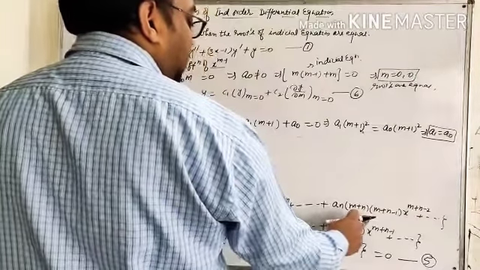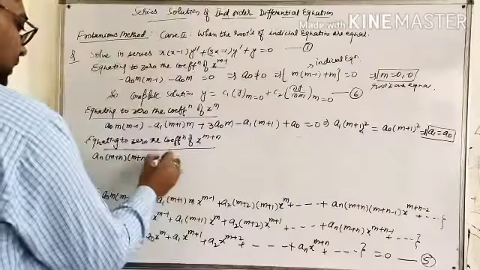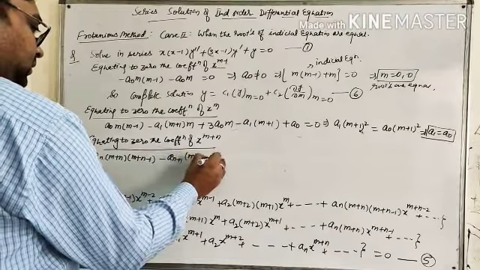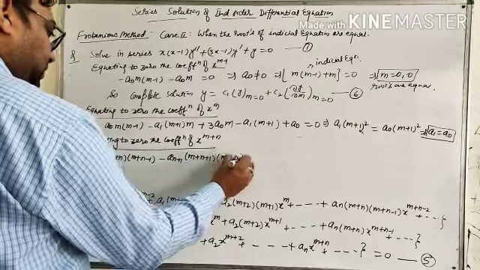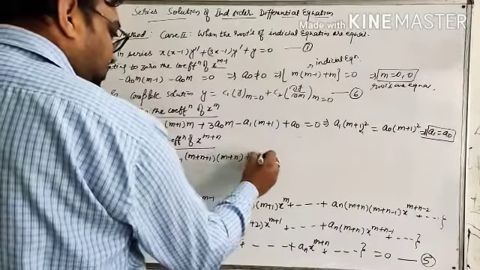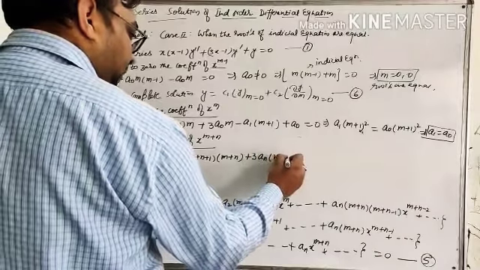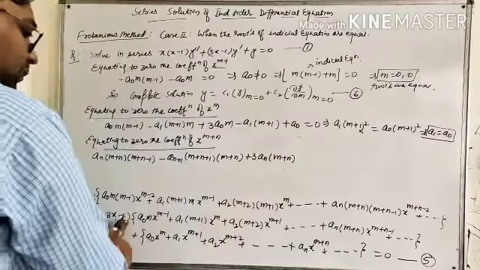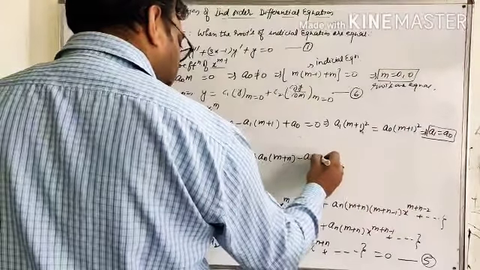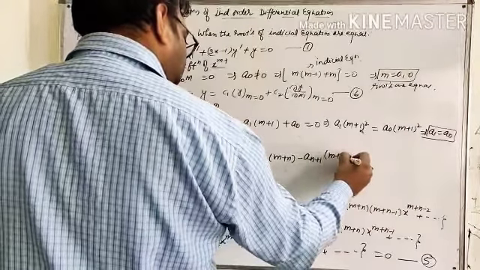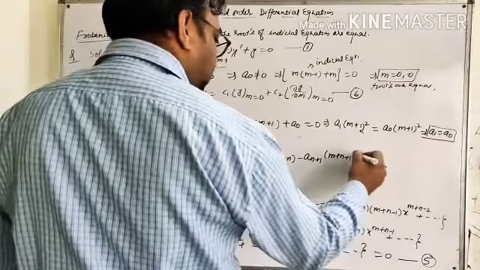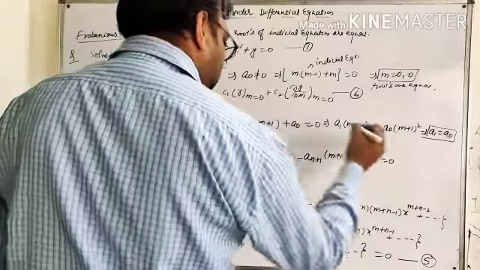So on putting n equals n plus 1, we get a n plus 1 m plus n plus 1 m plus n. Similarly, when we multiply by 3x, the coefficient is 3 a n m plus n, and when we multiply by 1, the next succeeding term is a n plus 1 m plus n plus 1, and from here the coefficient of x raised to power m plus n is a n equals to 0.